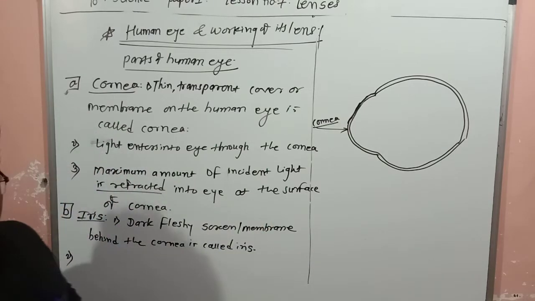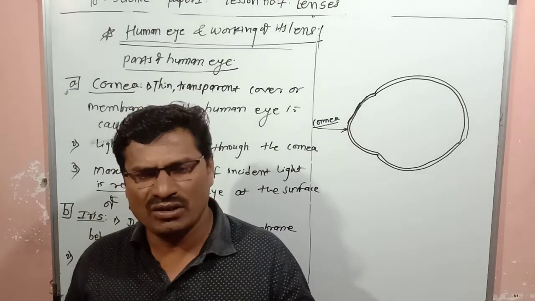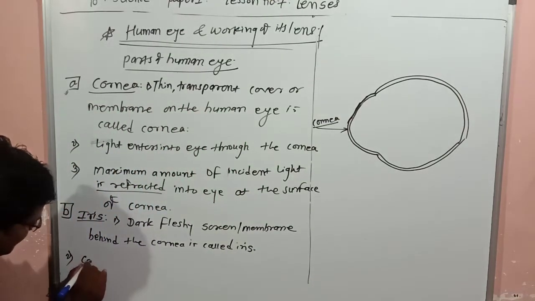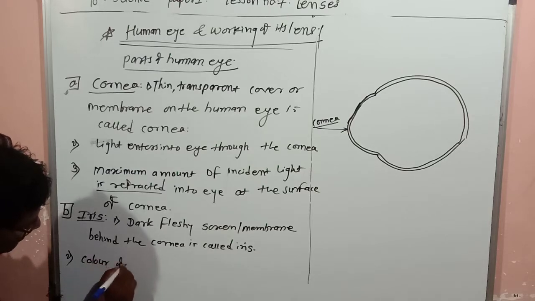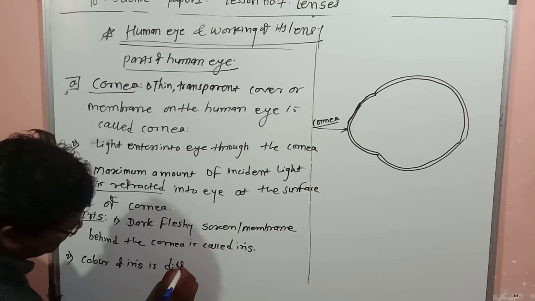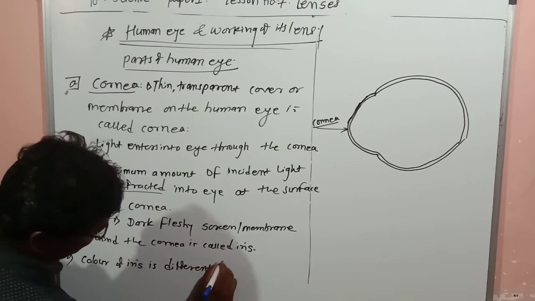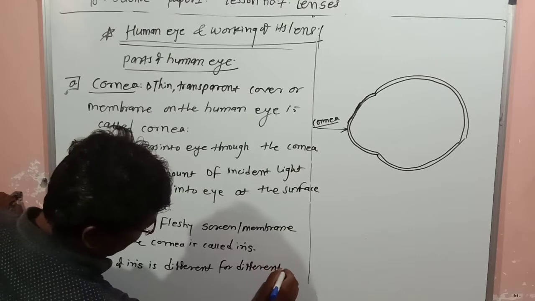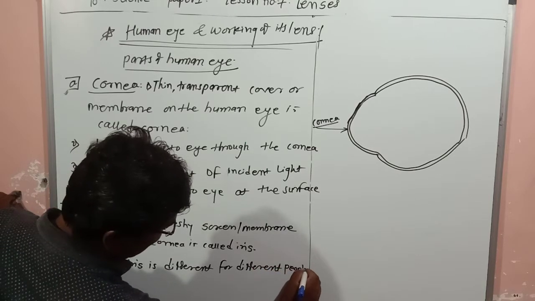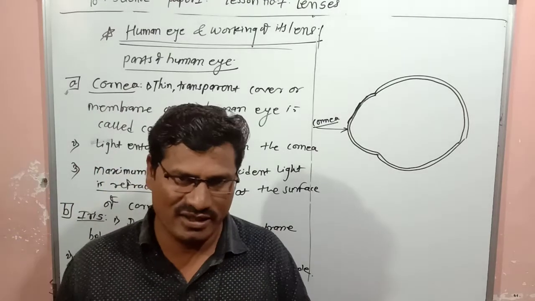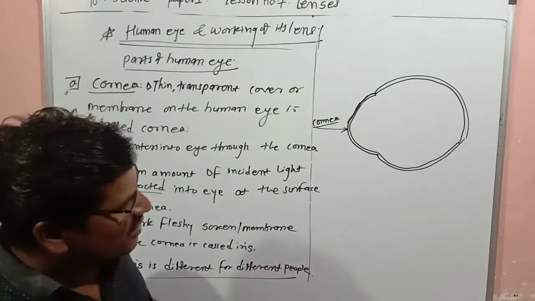The second point: color of iris is different for different people. Eye color depends upon iris, and the color of iris is different for different people.